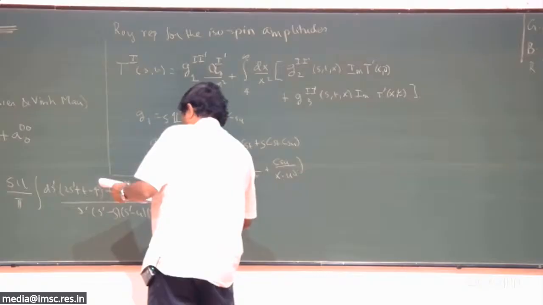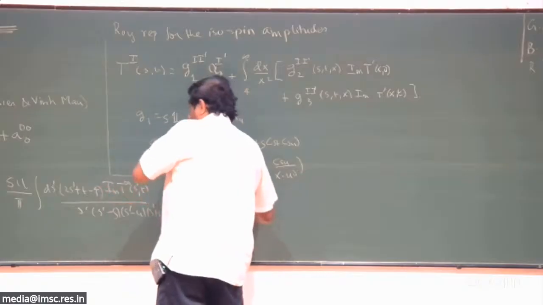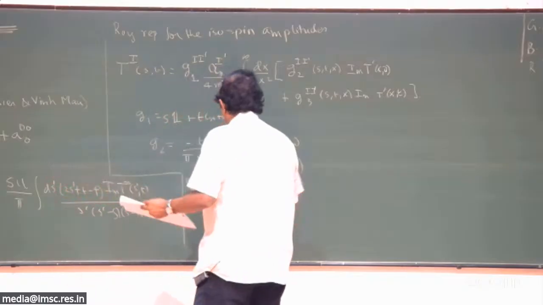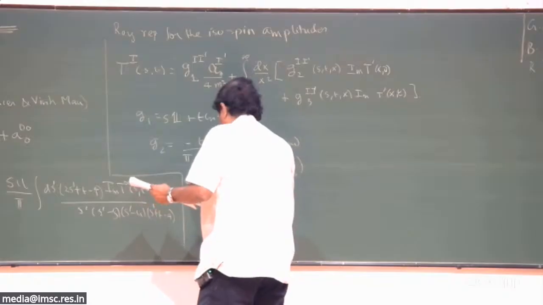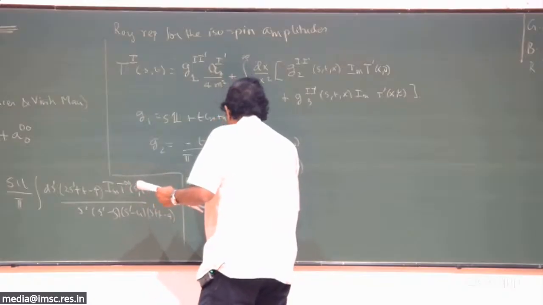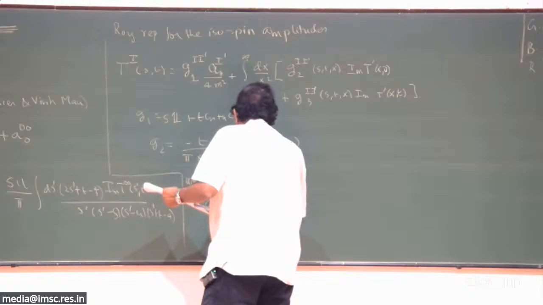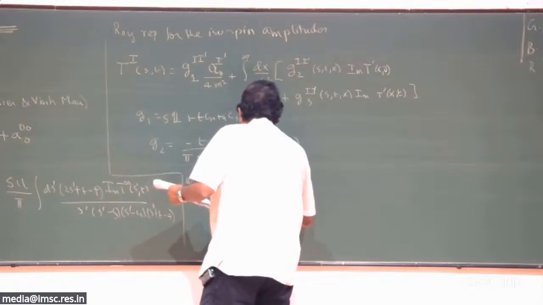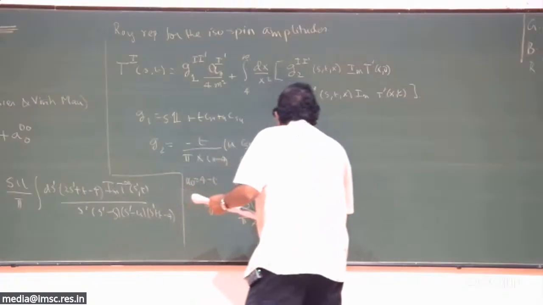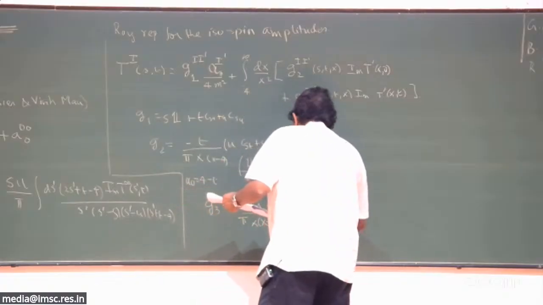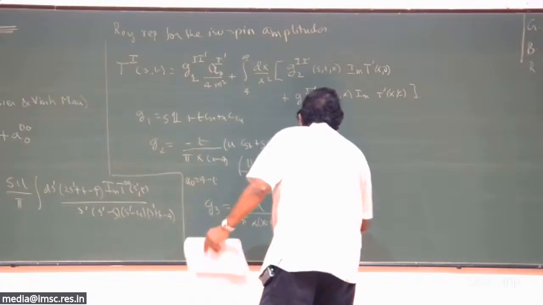Then there is a G3, which is exactly like this, minus s u by pi times x minus u naught times 1 by x minus s plus C_su divided by x minus u.